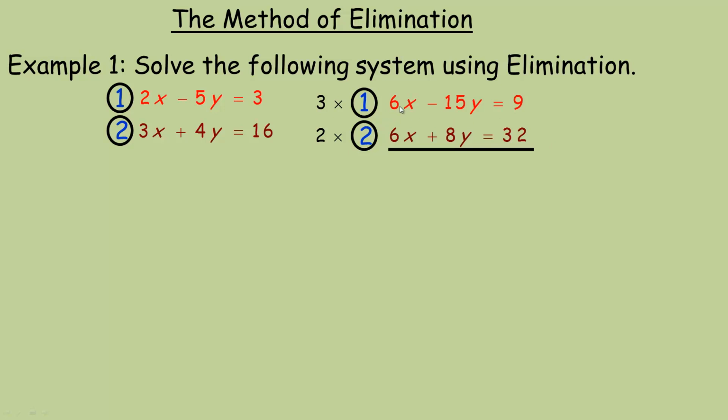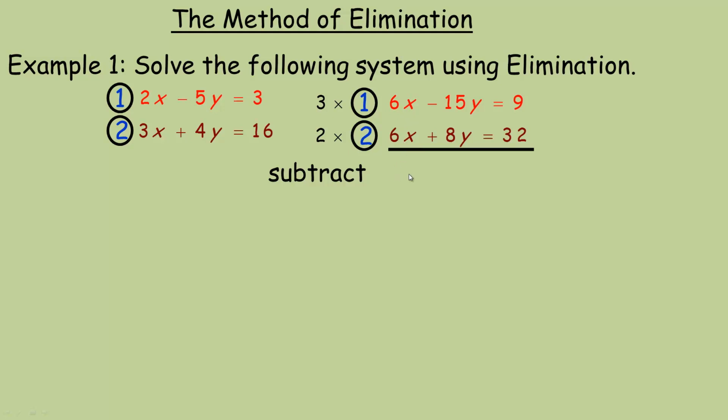So what you do now is say, well, I'm eliminating the x's. Both 6x terms are the same. So do I subtract or do I add? And you see 6x minus 6x is no x's. That's the eliminating. So I'm going to subtract here. And I'll talk about what adding would look like here and why you wouldn't do it after I do this. So 6x minus 6x is no x's.